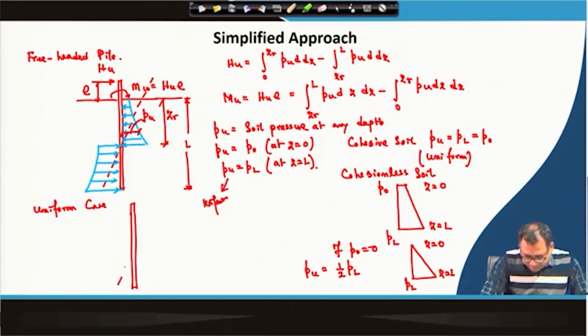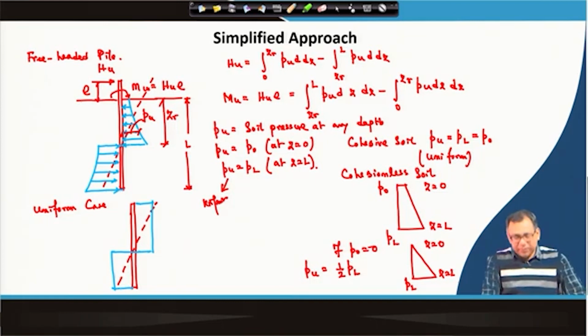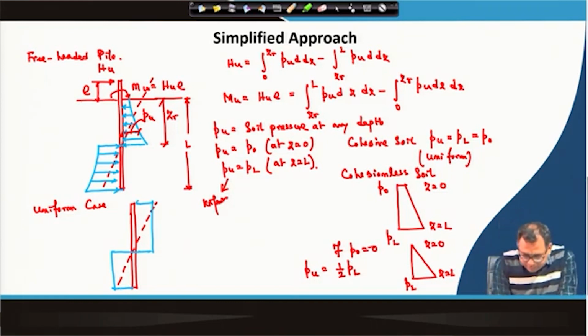This is the point of rotation, and the distribution will be like this. It is not to scale, definitely. So, this will be the distribution for the uniform case, and this is always p u, this is also p u.